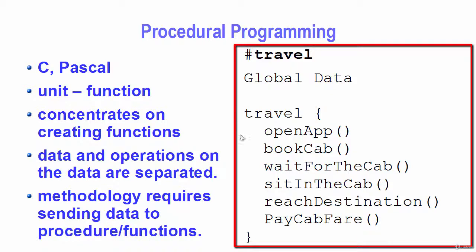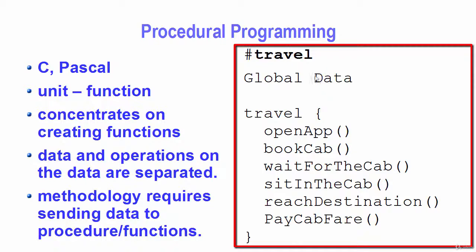This is the pseudocode of that algorithm, and then we will translate this algorithm into actual code in a procedural programming language. In these types of languages, we concentrate on creating functions, and the major drawback of using these functions is that data and operations on the data are separated. That means we need a methodology to send this data to these functions.